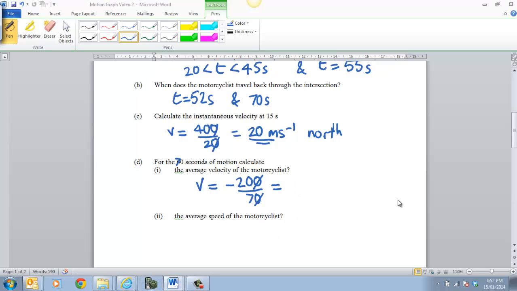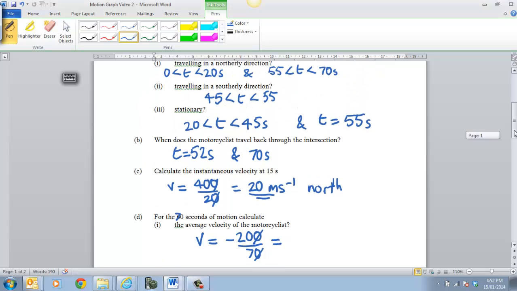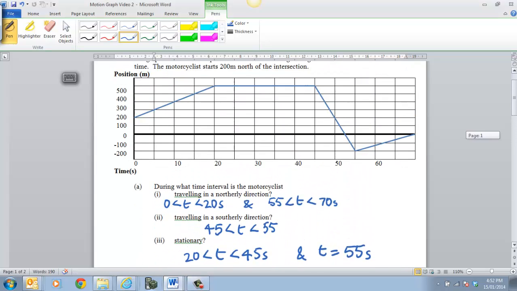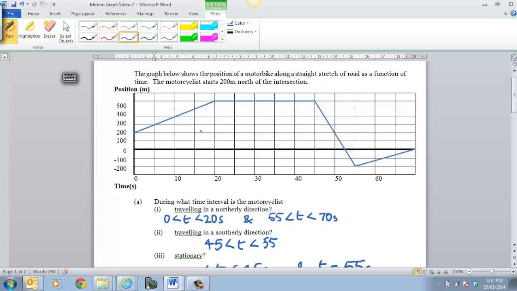The average speed of the motorcyclist is going to be the distance travelled. Now, if we count the distance travelled, for section number 1, it goes 400 metres away from the intersection. It's not really moving anywhere there. Then it travels another 600 metres back, so that's now a kilometre it's travelled, isn't it? And then it goes another 200, so that's 1200, and then it goes back another 200, so that's 1400.